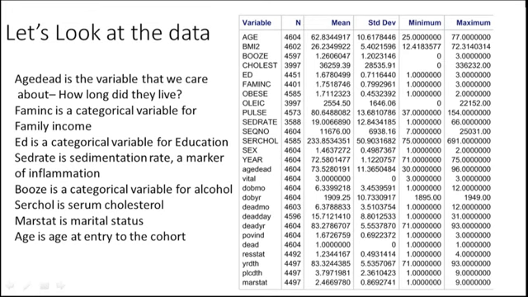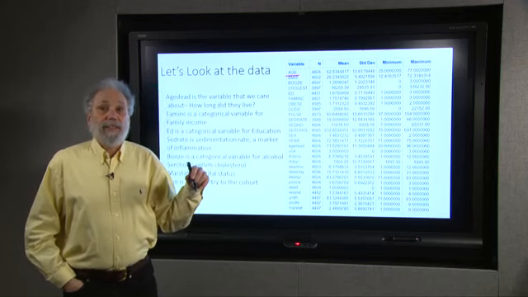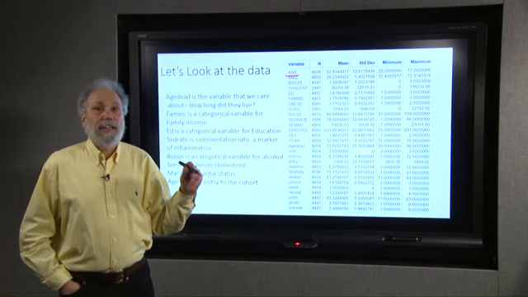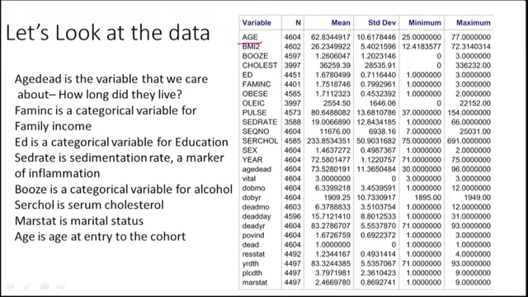What you can see is the mean of various variables. For example, age is the age that they were when they were recruited into the cohort, when they were examined in the NHANES 1 initial survey. You can see it goes from 25 to 77.